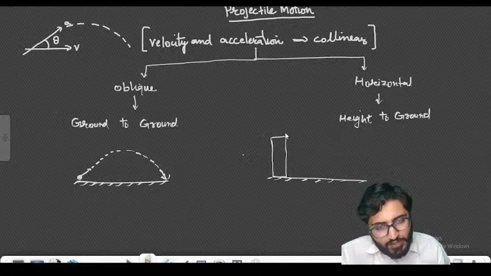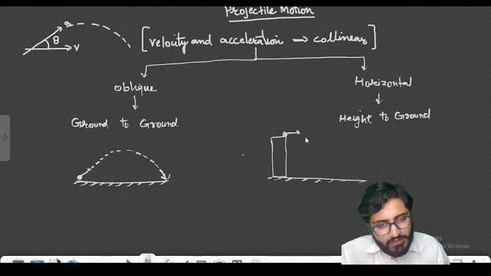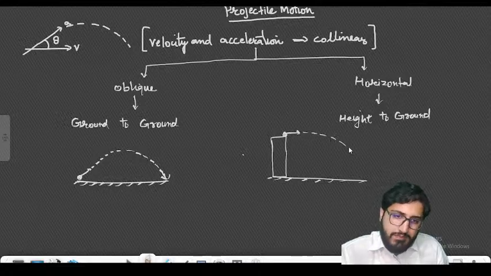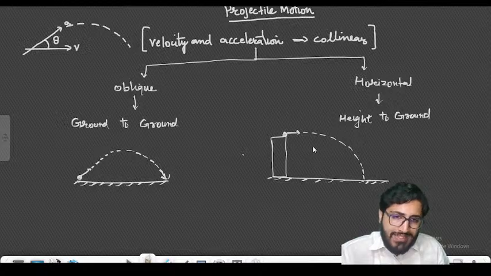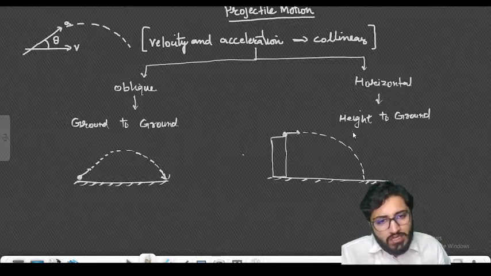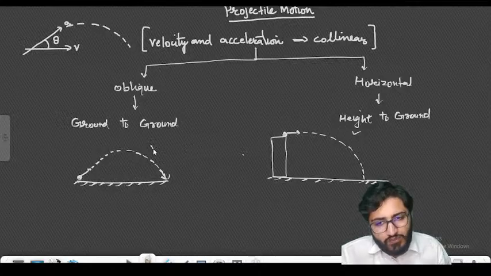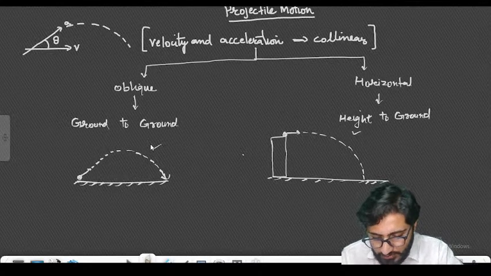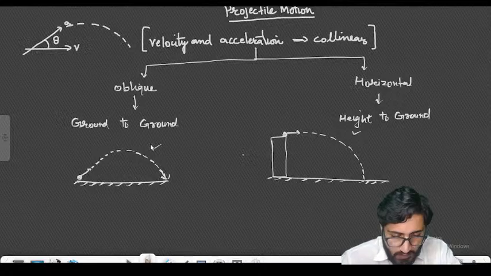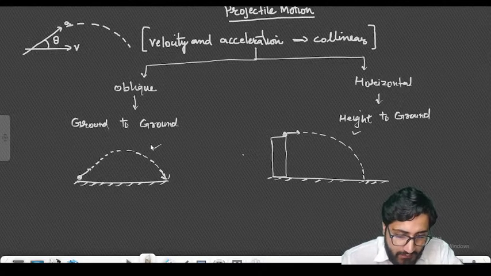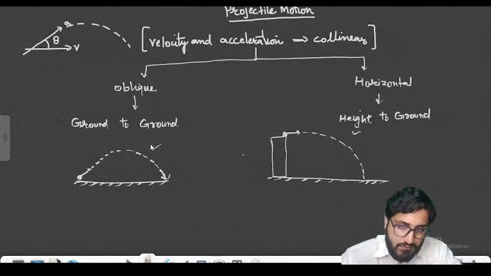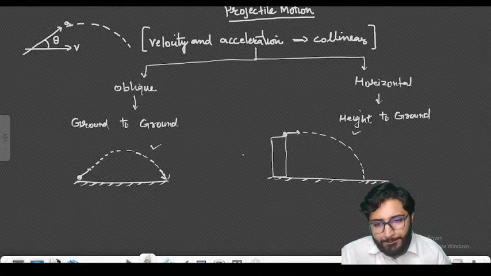From this height I am throwing something, and it will go in this manner. This is known as height to ground, or horizontal projection. The other one is known as oblique projection. I guess this is very easy for you. Done?